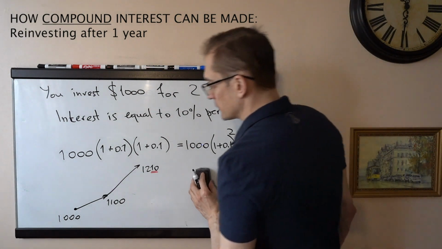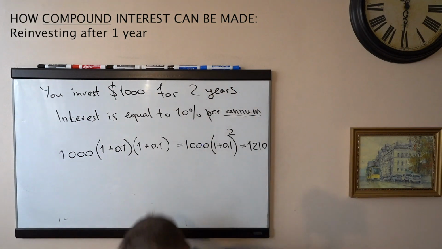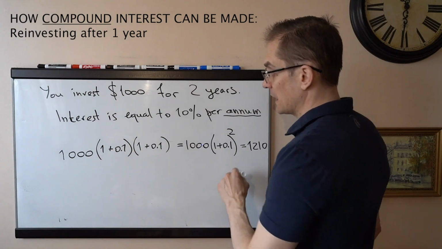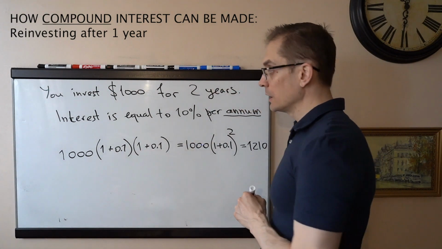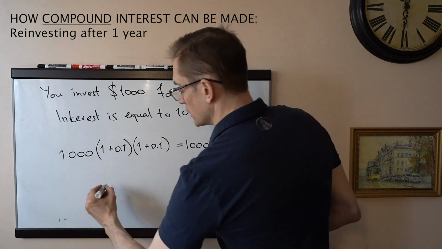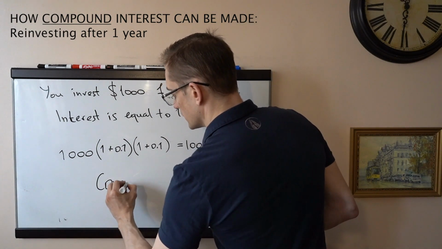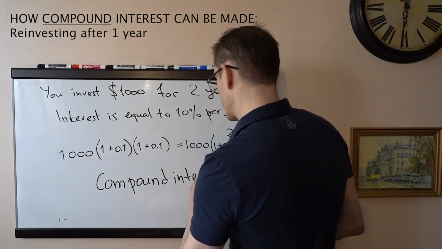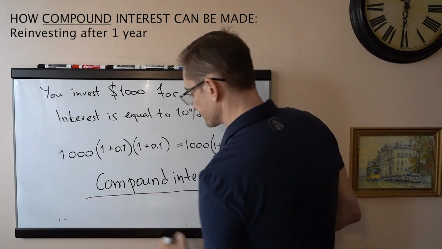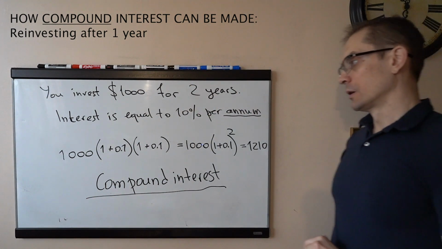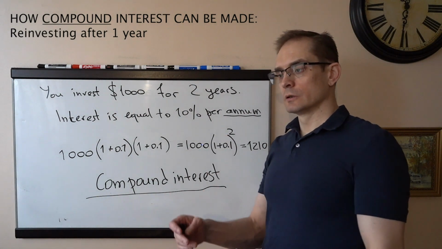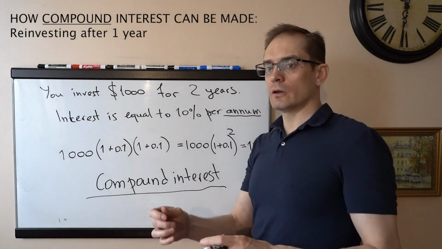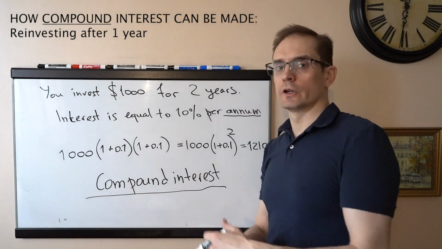So if you decided to be smarter about your investment and reinvest your amount after 1 year, you generated a situation which we call compound interest. You generated compound interest. You compounded your investment, right? You compounded the second year on top of the previous year in terms of earning interest.